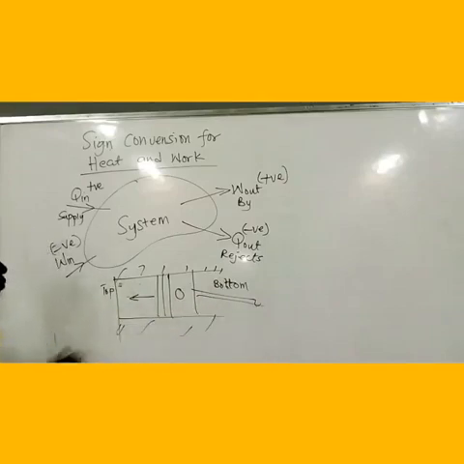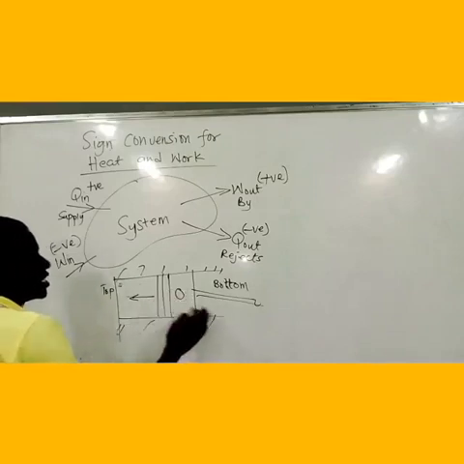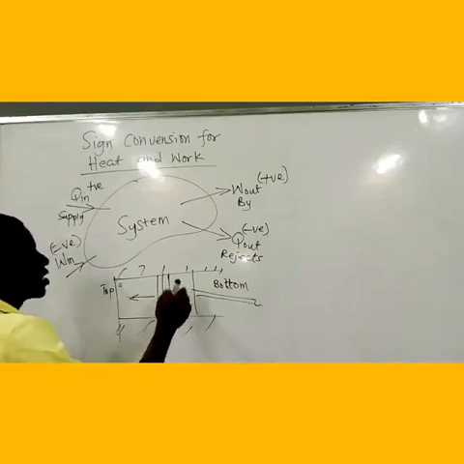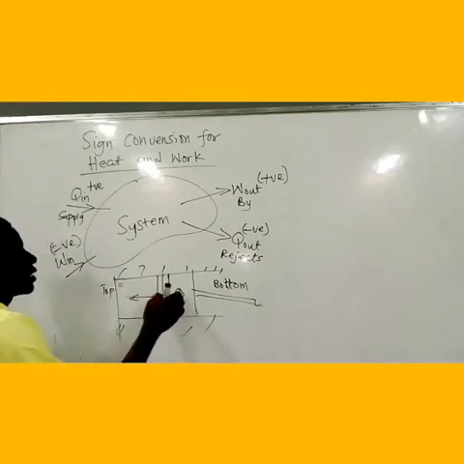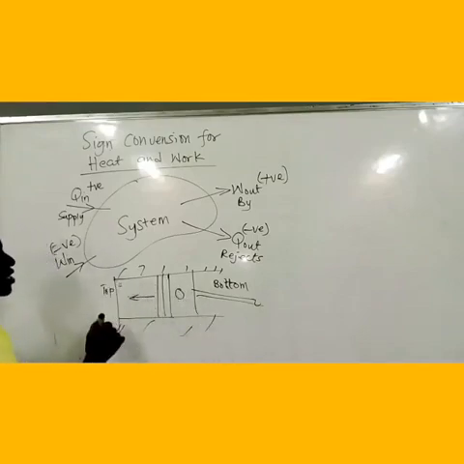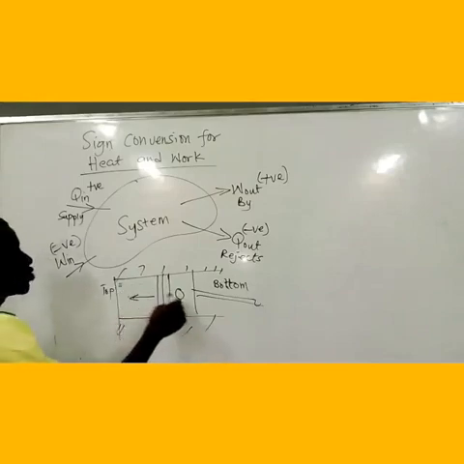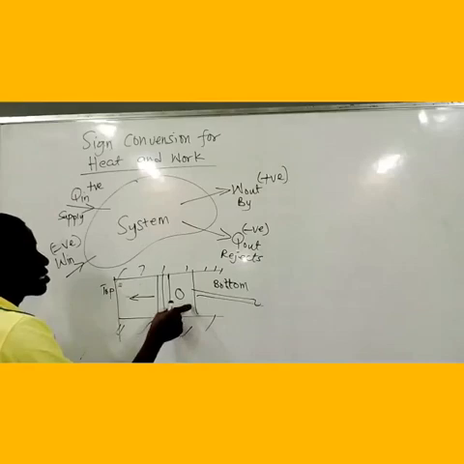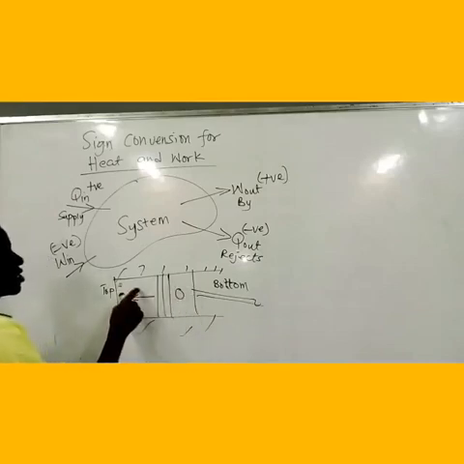So if you compress the gas, it means the piston is pushing the gas. It means the work the system is receiving is negative, meaning you have an external work, the surrounding, which is the piston, is doing work on the system. So we say it is negative.